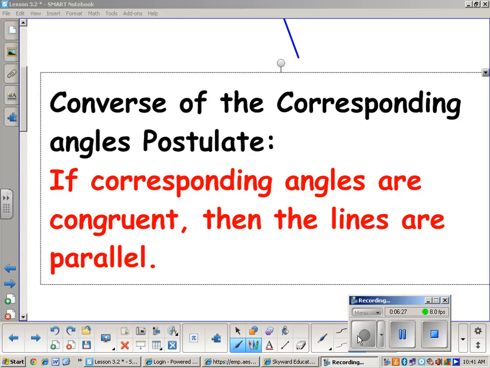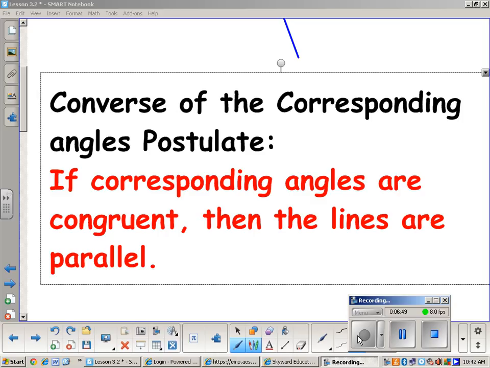The converse of the corresponding angles postulate says if corresponding angles are congruent, then we can say that two lines are parallel.